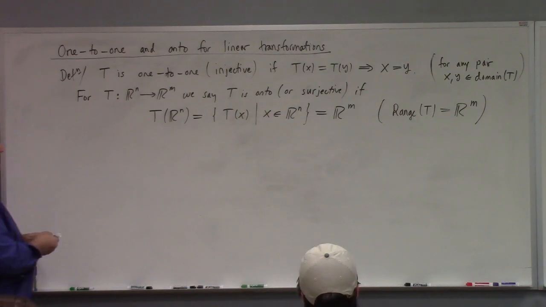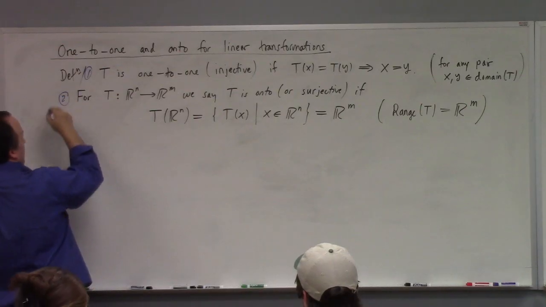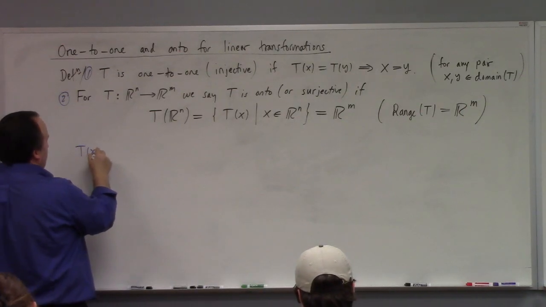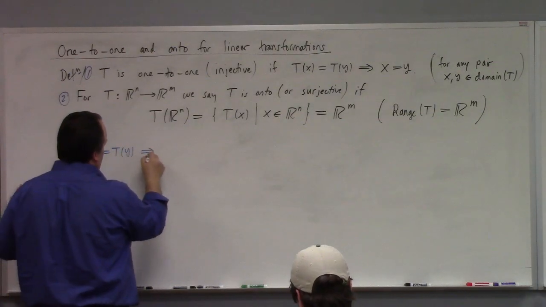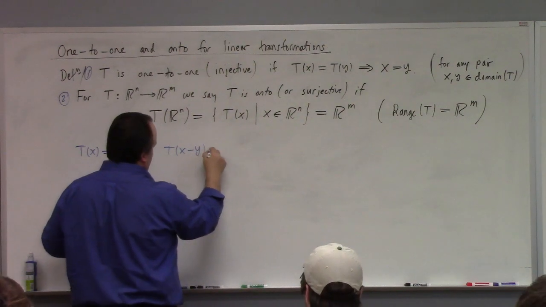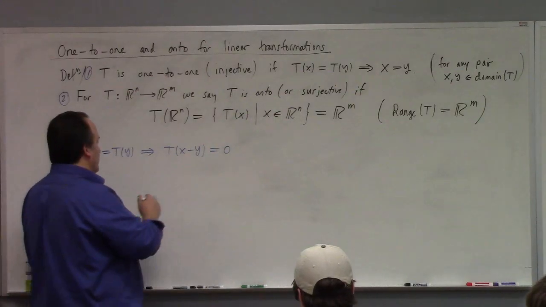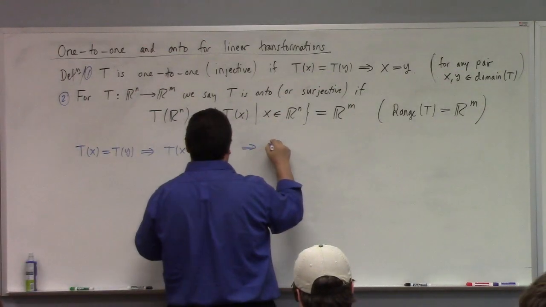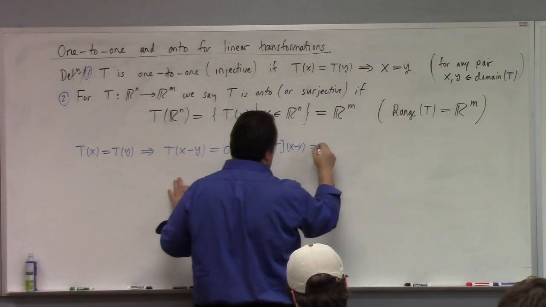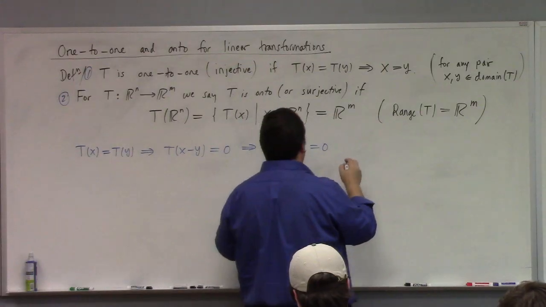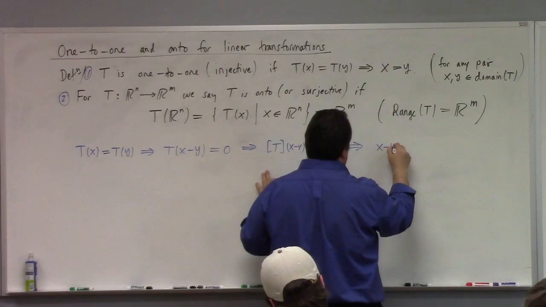All right, so let's work it out. For number, let me call this 1 and 2. So think about this. T of x equal to T of y means that T of x minus y is equal to 0, right? But of course that's the standard matrix of T times x minus y equal to 0. So we need this to somehow imply that x minus y is equal to 0.